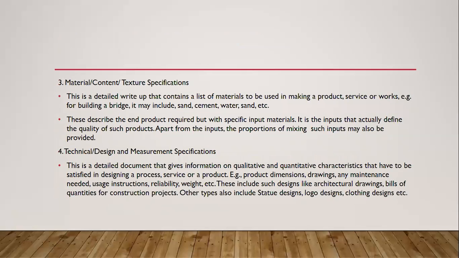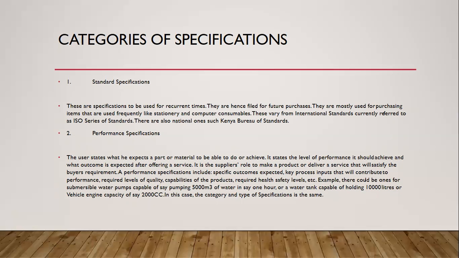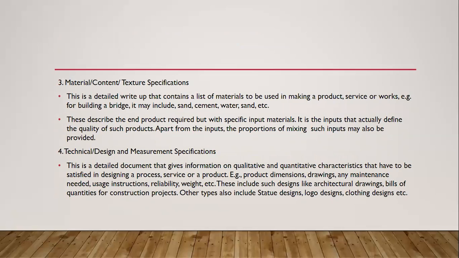The other important thing is material content. So basically what I'm talking about is the categories of specification, where we have standard category, we have performance category, we also have material content or texture specification, and we also have technical design and measurement specification.